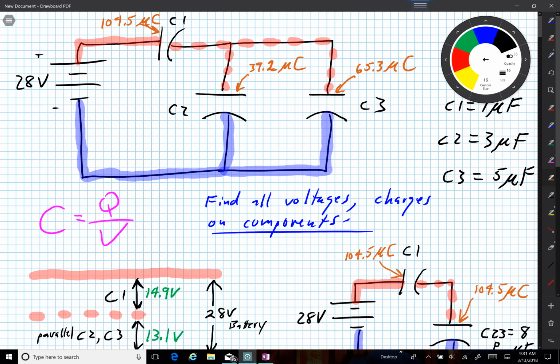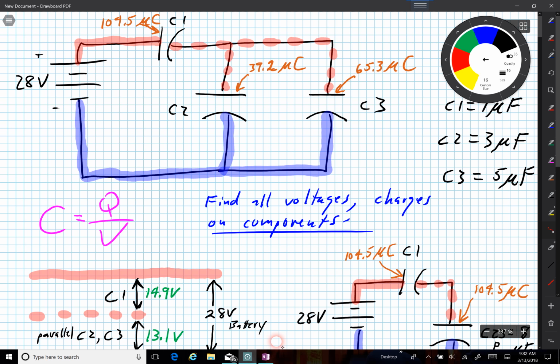Now, here's another example of a Kirchhoff rule where things have to add up. Look at these two charges. And remember we said we've been working with equivalent circuits.